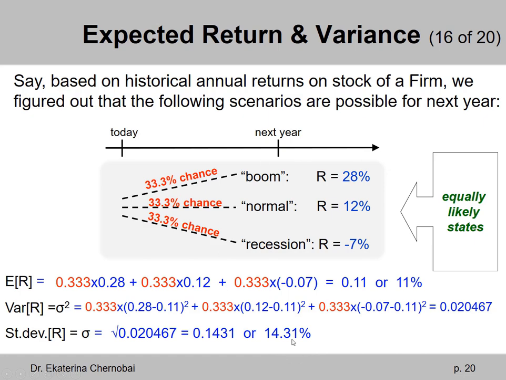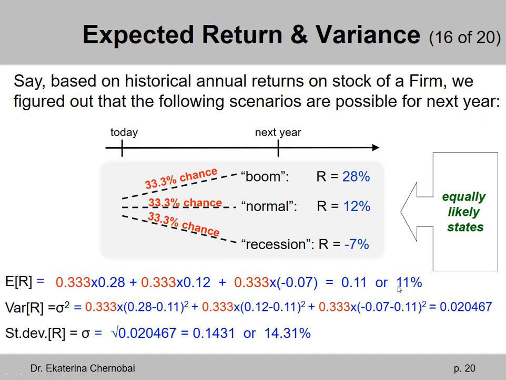How can we summarize what we know about this company stock? We can say that if we buy this stock today, then you expect to make an 11% return every year.